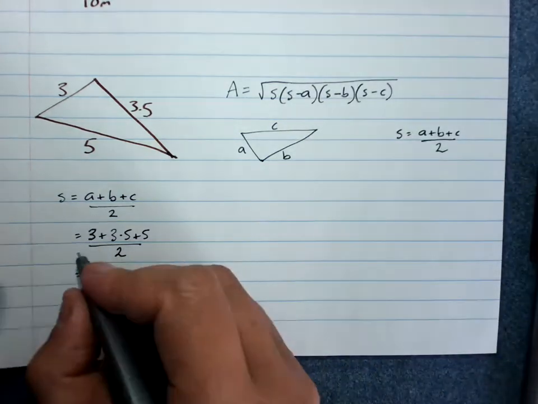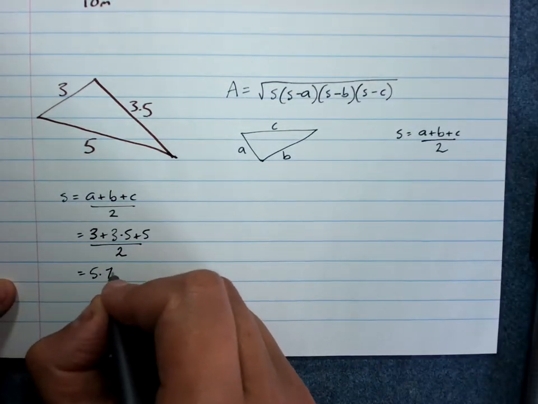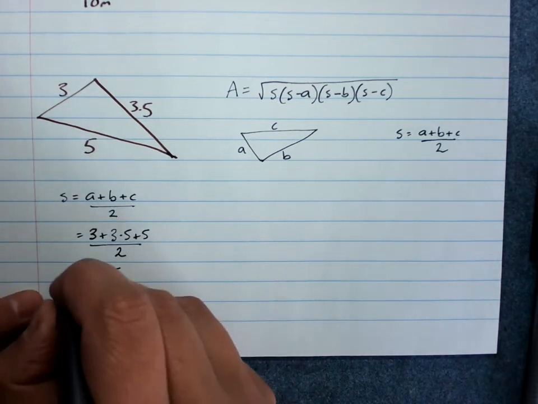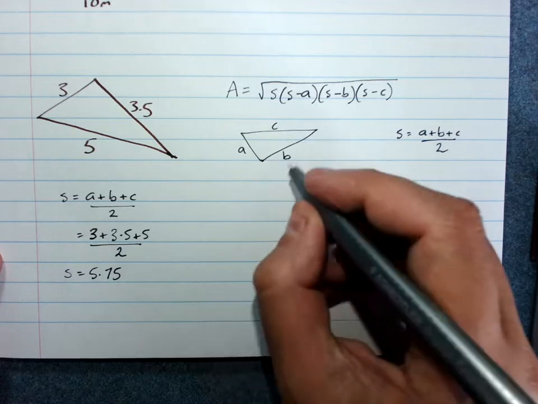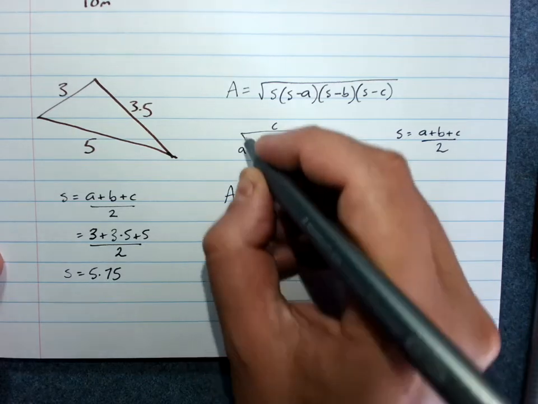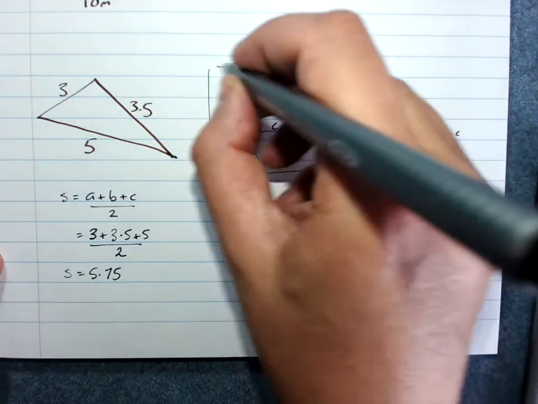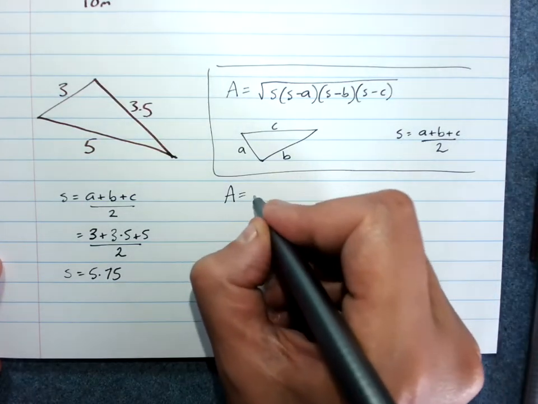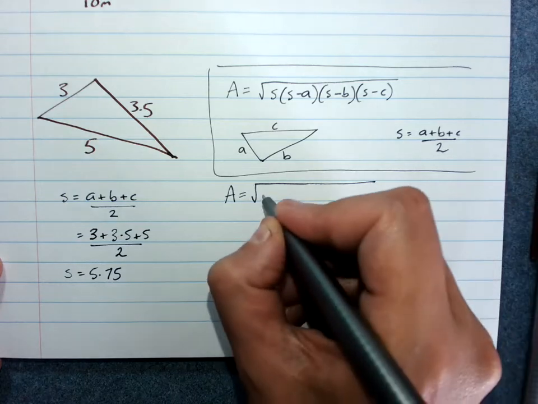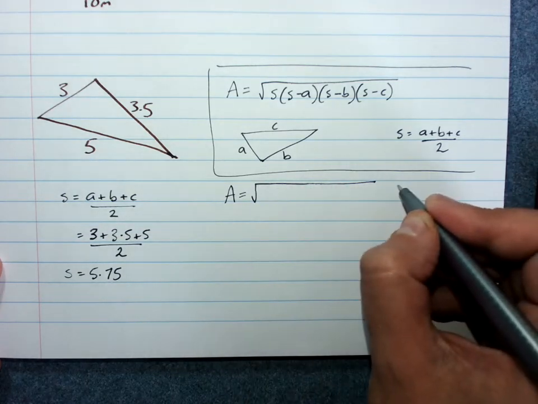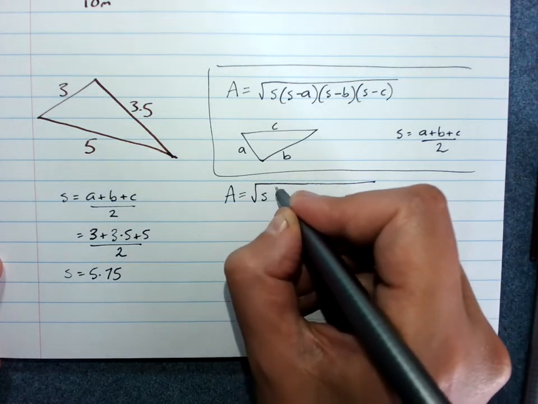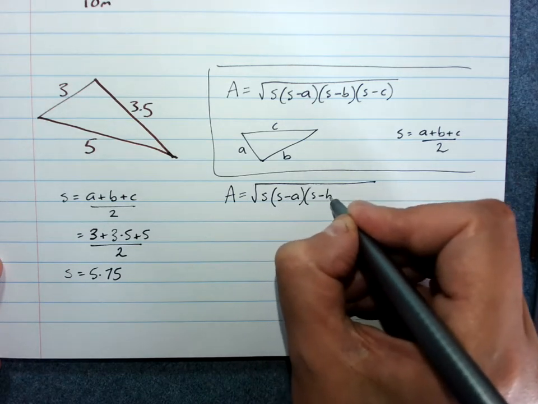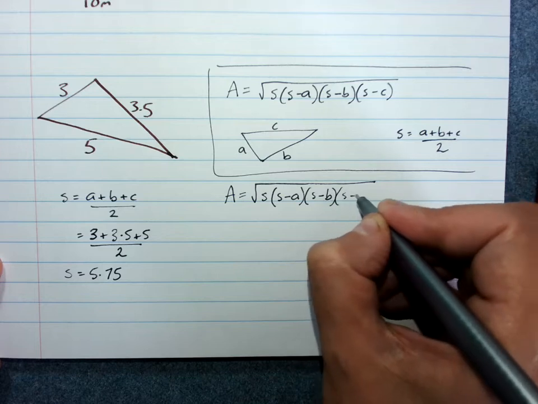Oh, obviously that's 5.75, don't mind me. So that is our value for S, and I'm going to use that in this formula. You write Heron's formula. Sorry, this was my little explanation for Heron's formula up here. We write Heron's formula carefully. So it's the square root of S times S minus A times S minus B times S minus C.